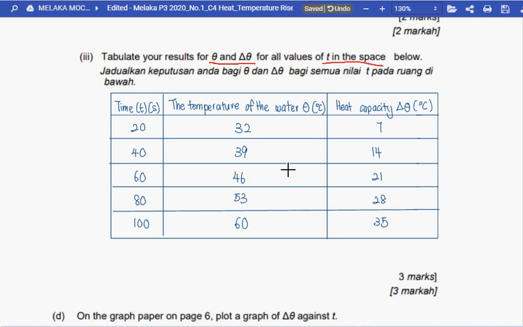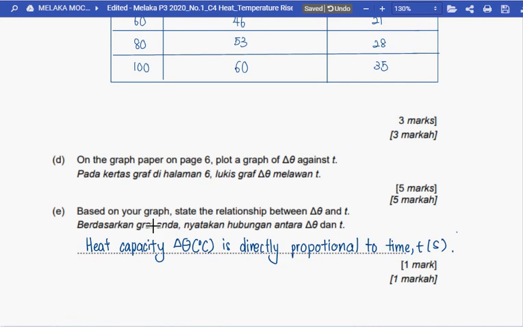That means you need to have 3 columns, for 3 marks. Then finally you need to plot a graph of delta theta against time t. Then from your graph you need to state the relationship between delta theta and t. This is already done by my student.